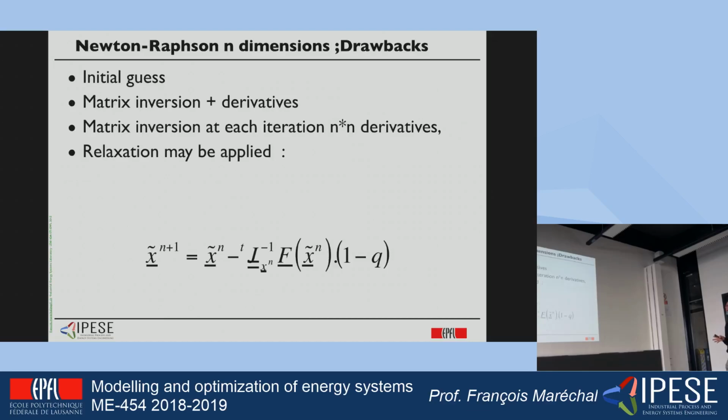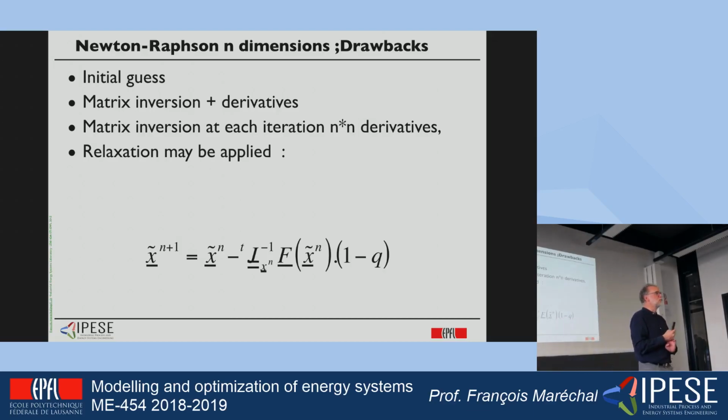So the Newton-Raphson approach has the same conditions in multi-dimensional as we have in the single dimension. It means that we need a good initial guess. And if it appears that we are diverging, so it means that the norm of f of x is increasing, then we are not forced to do the full step.